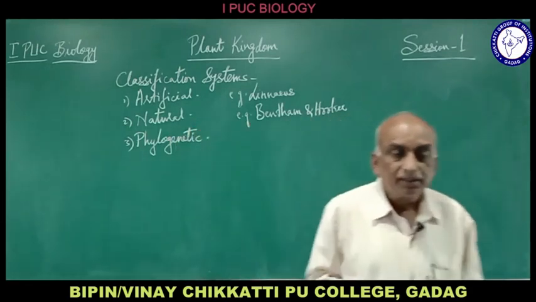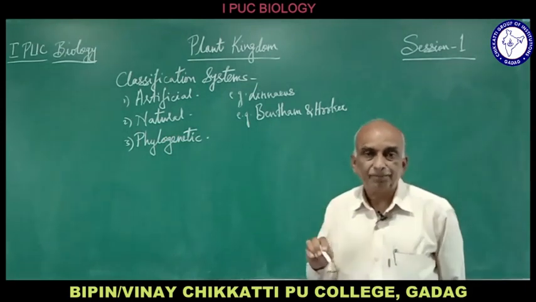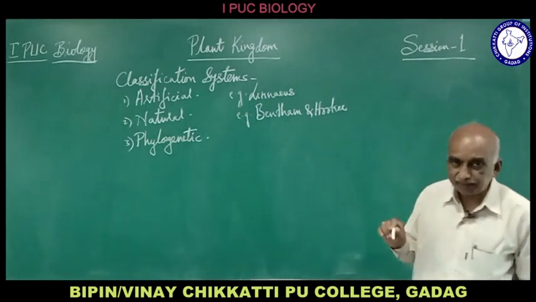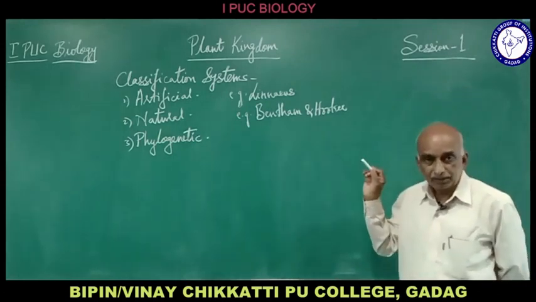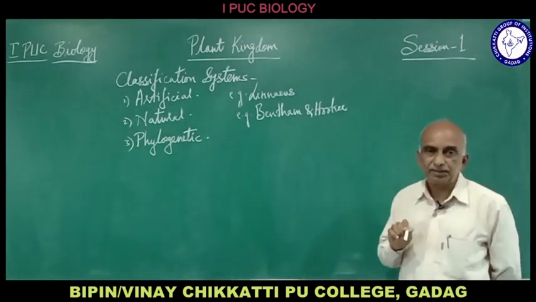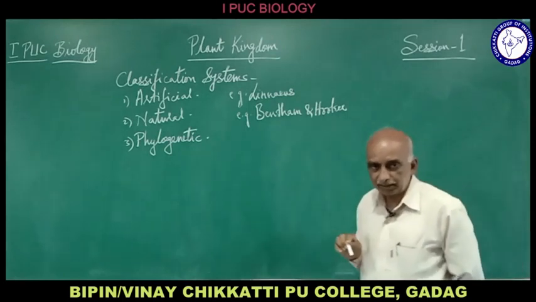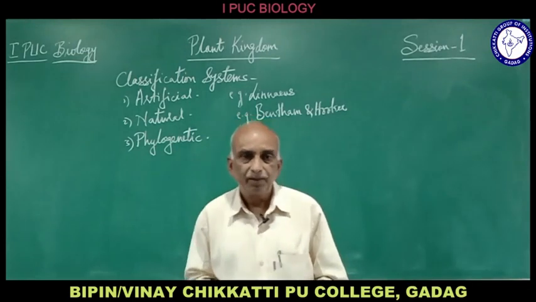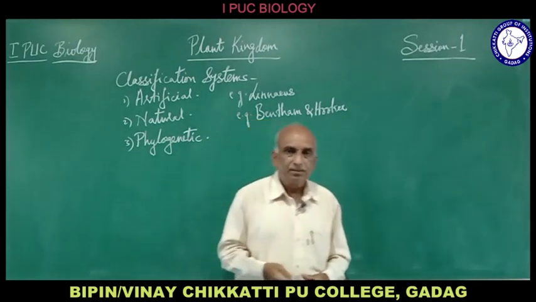So when we take into account the evolutionary relationships of the organisms and propose a system of classification, it is called phylogenetic classification. For example, Engler and Prantl also proposed one; they are German botanists.